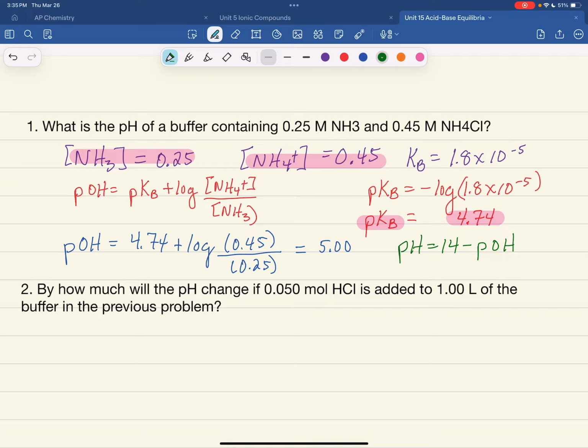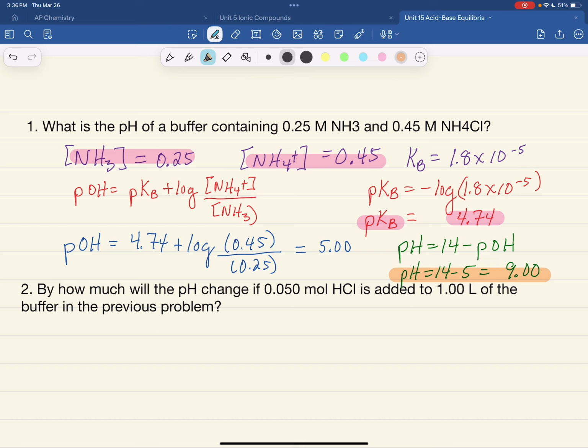And so my pH is going to be equal to 14 minus 5, which gave me 9, right on the dot. The answer key is something like 8.99, 8.98. I'm not sure. It's just some difference in my rounding there. So there's my final answer, pH of 9.